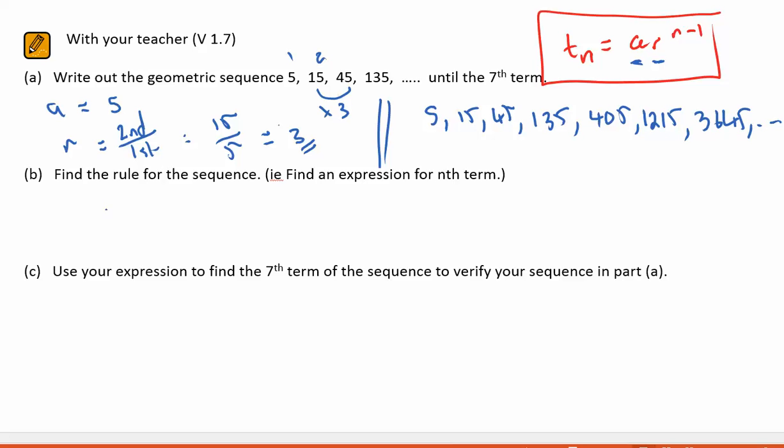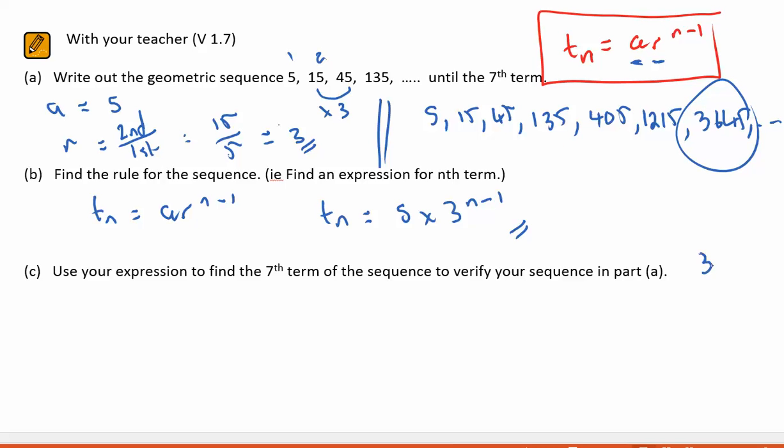The rule for the sequence, unlike the arithmetical sequence, that's as far as we can go. To find the 7th term, 3645.